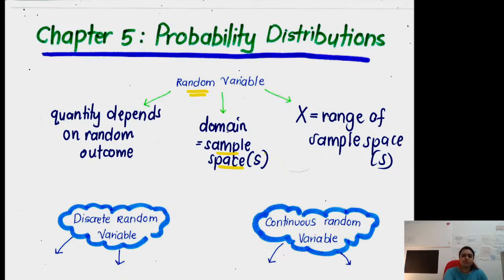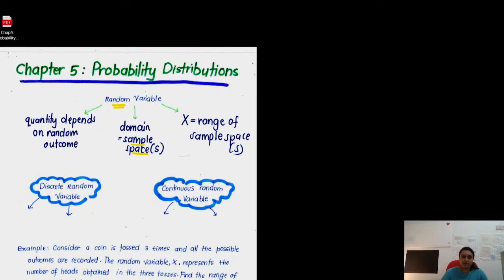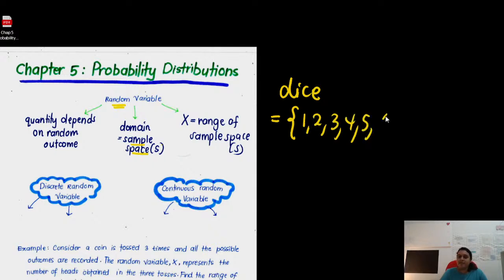Maybe snow wouldn't be a good example. Teacher will use a dice. The dice has how many numbers in total? Total 6, right? 1, 2, 3, 4, 5, and 6. But let's say when teacher rolls the dice, I want even numbers. Even numbers means only either 2, 4, or 6.